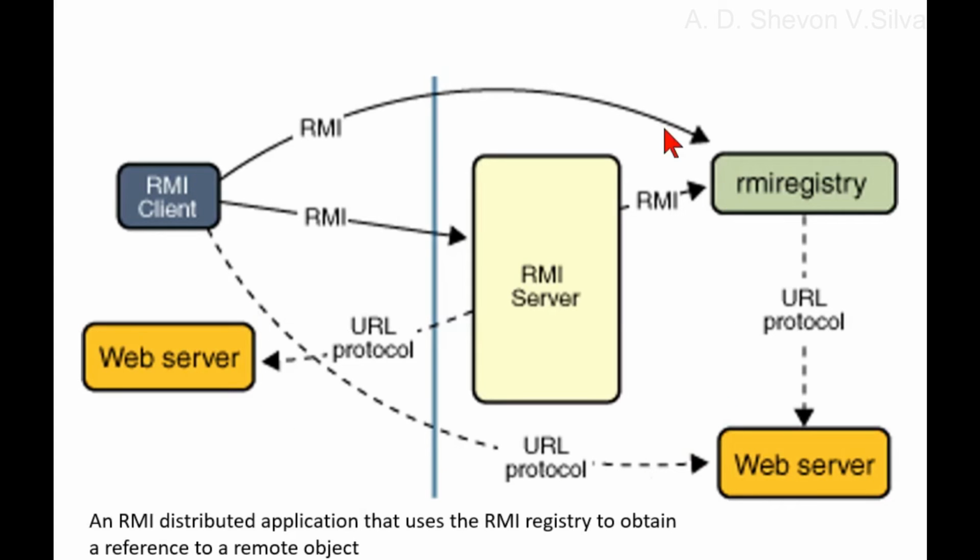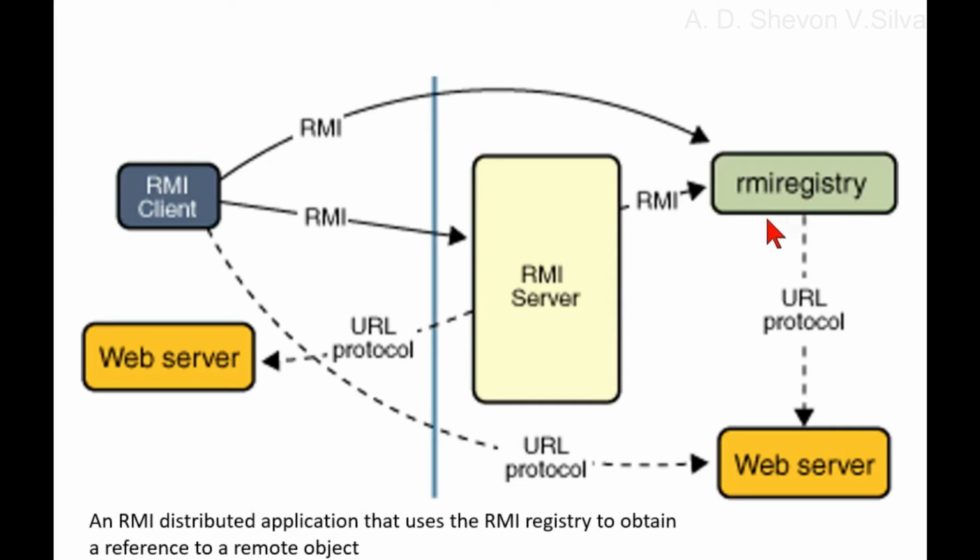This diagram illustrates an RMI distributed application that uses the RMI registry to obtain a reference to a remote object. The server calls the registry to associate, or bind, a name with a remote object.